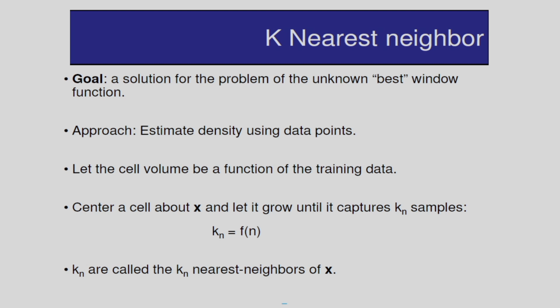I am growing the region, that means I am increasing the volume so that it encloses the Kn number of samples. Kn is a function of n, the total number of samples. These are called the Kn nearest neighbors of x.